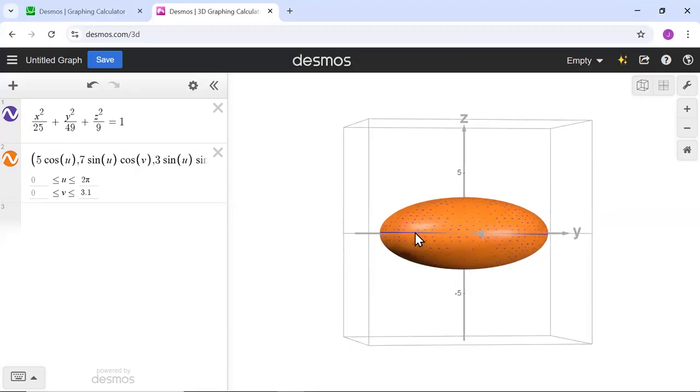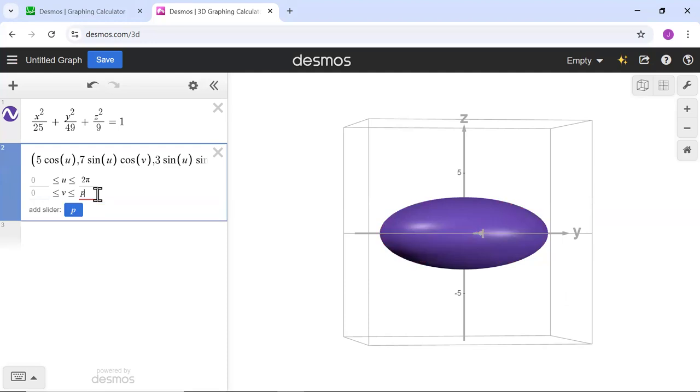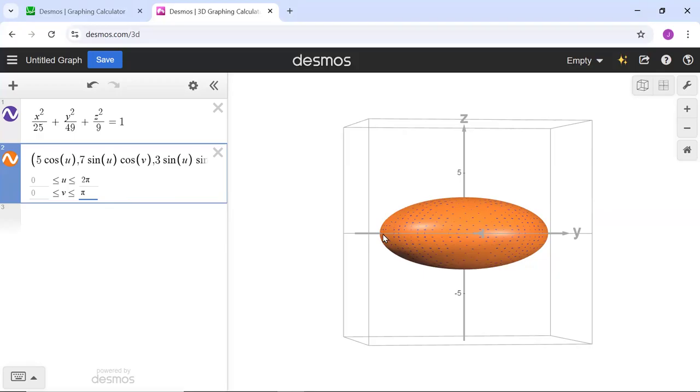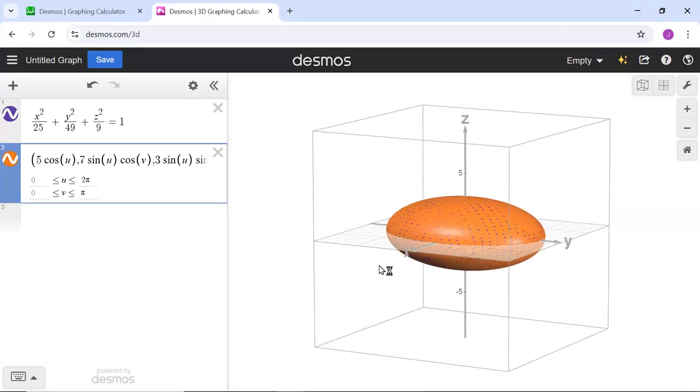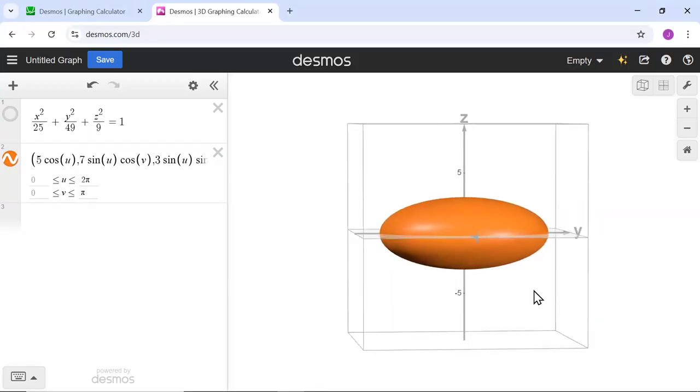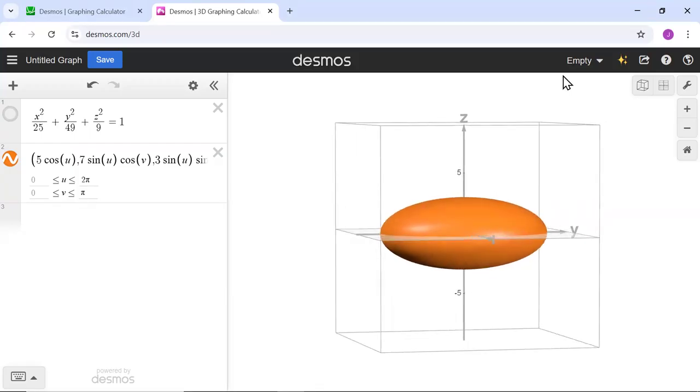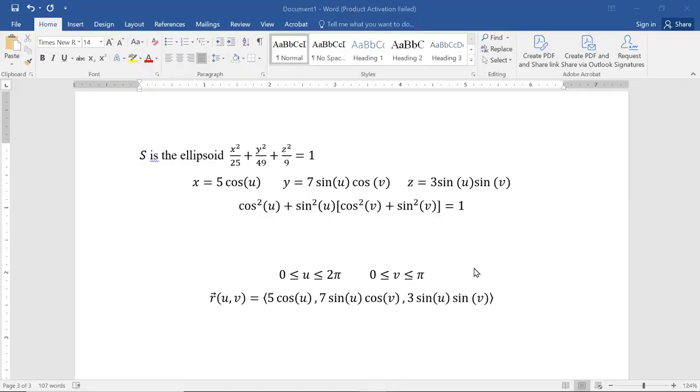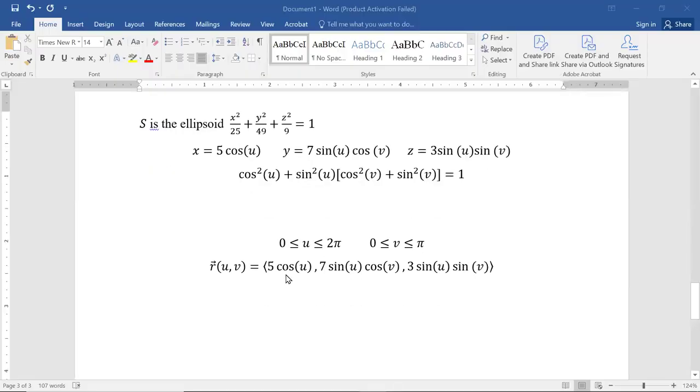And by the time you hit pi, you've gone all the way around, and this portion has touched the other side. So going from 0 all the way around to pi, the portion of that band touches the other side of the ellipsoid. And so we get that nice parameterized surface that we want. So that's the way we can parameterize that ellipsoid.